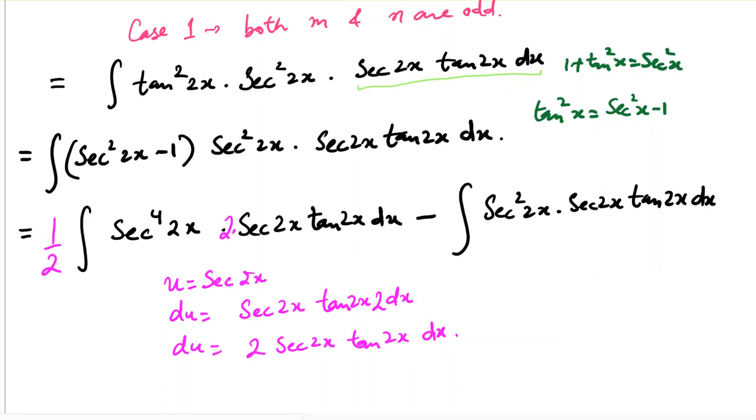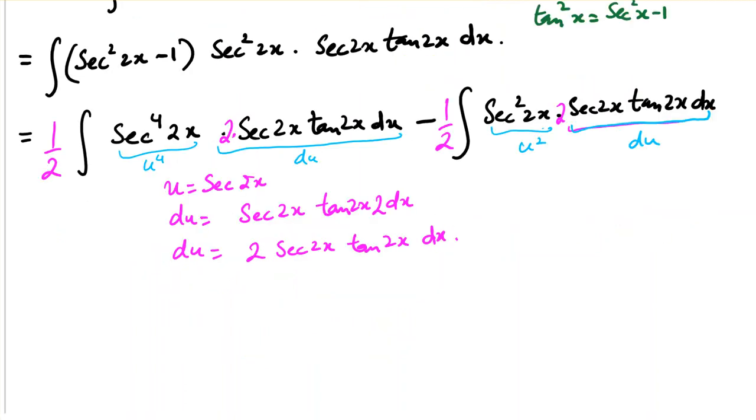So now this becomes our du, and this is our u raised to power 4. Similarly, in the other one, you have u square, and in order to make the differential here, you need 2 times secant 2x tangent 2x, so 1 over 2. So this is your du. So using the general power formula, we got half, and then u raised to power 5 over 5.